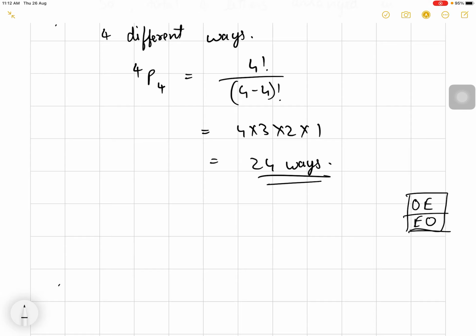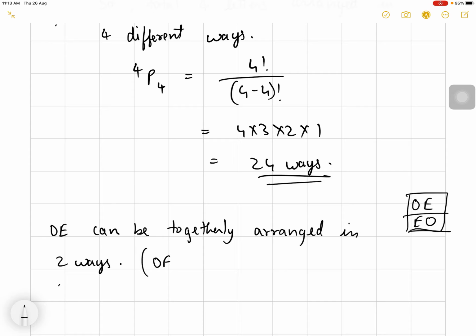So I'll just write here, OE can be together arranged in two ways. Two ways is either OE or EO, correct?